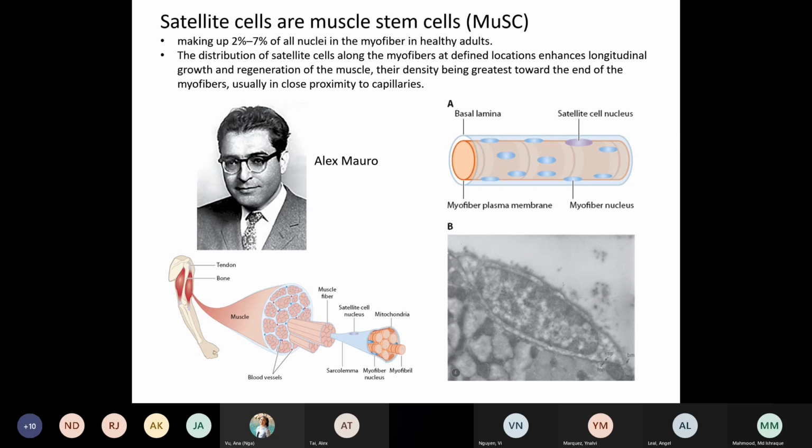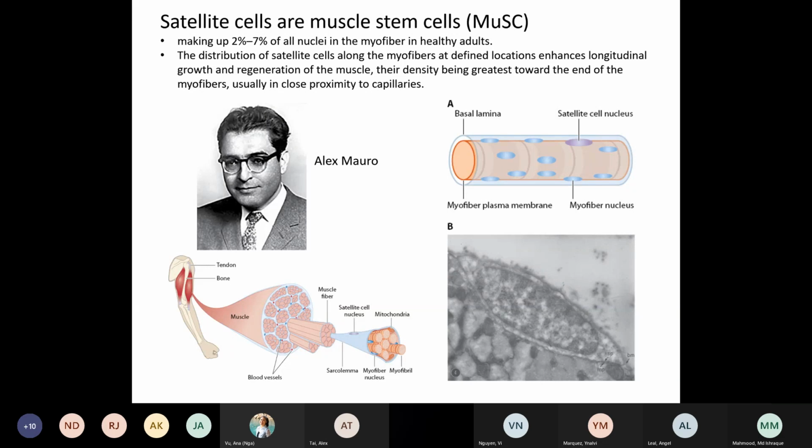But first of all, you need to understand that the muscle is a multi-nucleate cell. Some muscles can have 100 or more nuclei. So how things work is these satellite cells get activated. They will start to replicate, and then they get fused together to form new muscles.